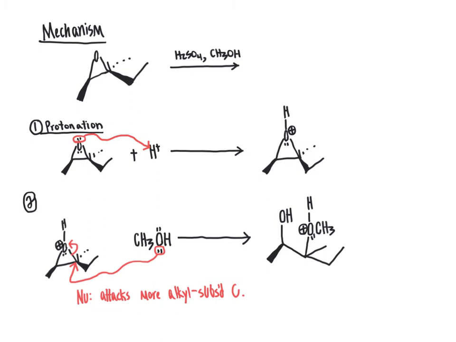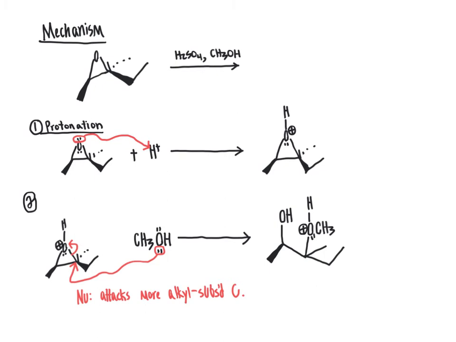So this may seem a little bit odd to you as we look at this, because you may be asking yourself, why is it the case that the nucleophile is attacking the more sterically hindered of the two carbon atoms? Why would it go after, under these acidic conditions, the carbon atom on the right rather than the less sterically hindered one on the left?